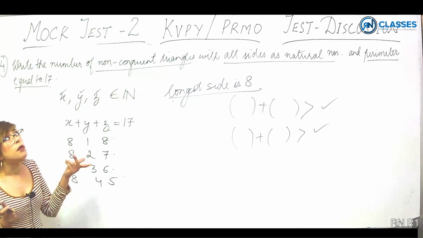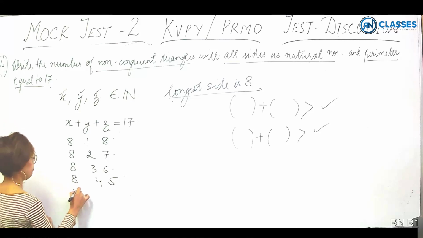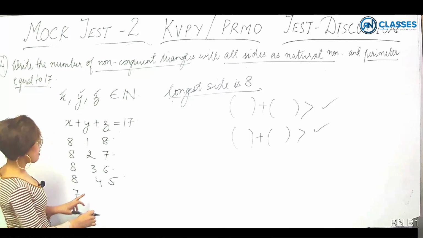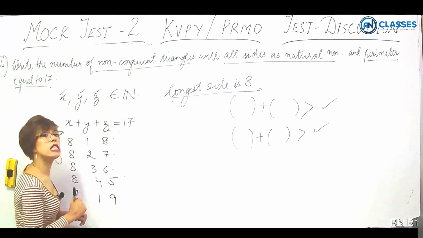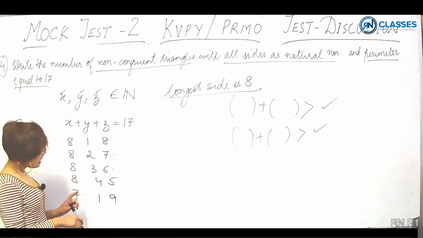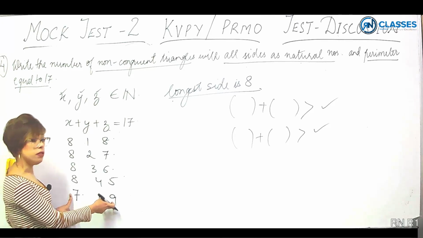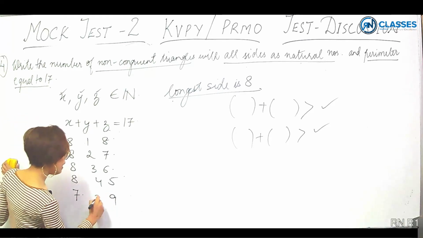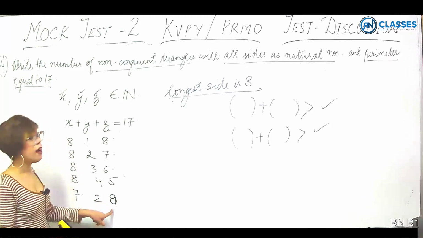Now the longest side cannot be 9, so I have to go in the reverse direction. The longest side can be 7. If x is 7, the sum of the other two sides is 10. Maybe I can have 1, 9. Careful, I said the longest side is 7, and here you have 9. That is not possible. Maybe I can have 2, 8. Is that okay? Again, no, the longest side is 7 and you have 8 over here.